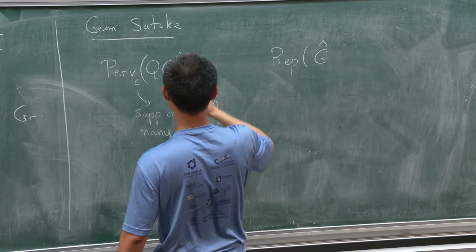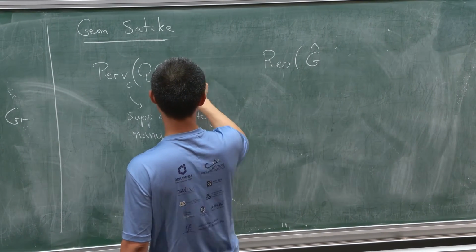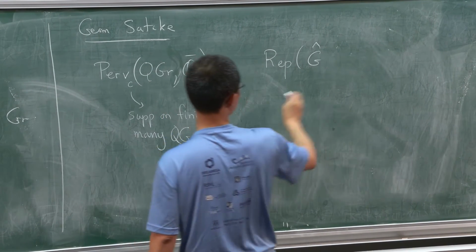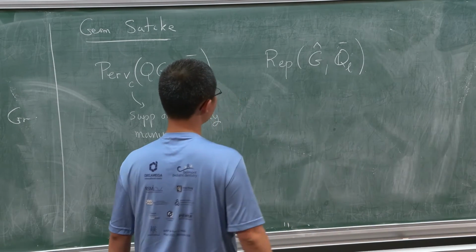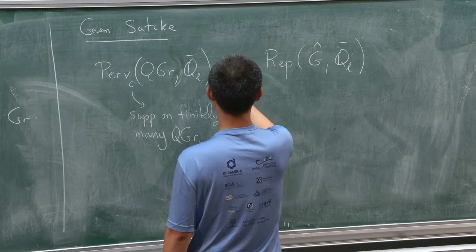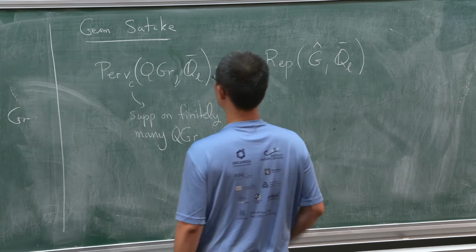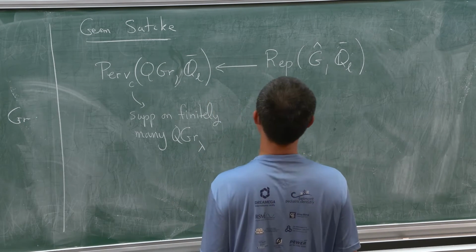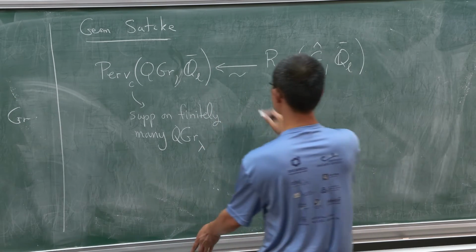So, yeah, we only need the Q L-bar version for this talk, and finite dimensional algebraic representations of the Langlands dual group. The way we present it, there's a functor in this direction as well.